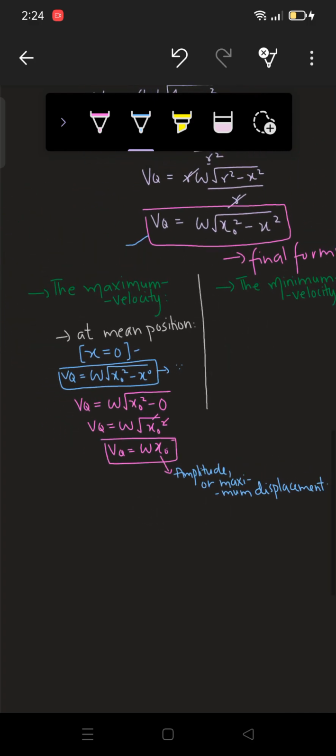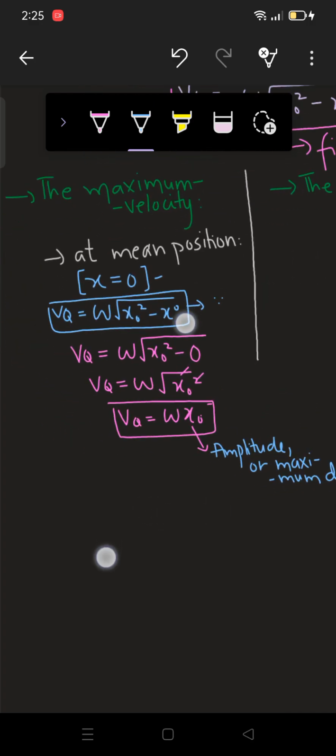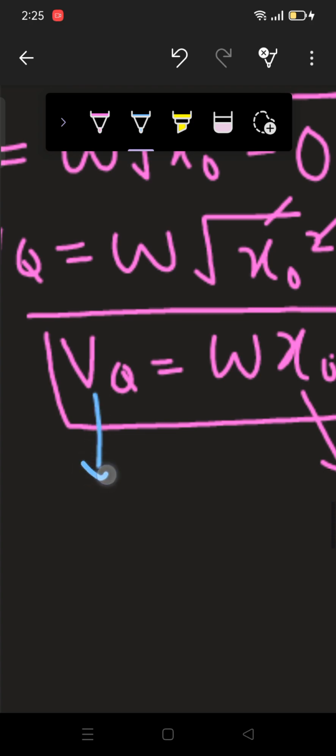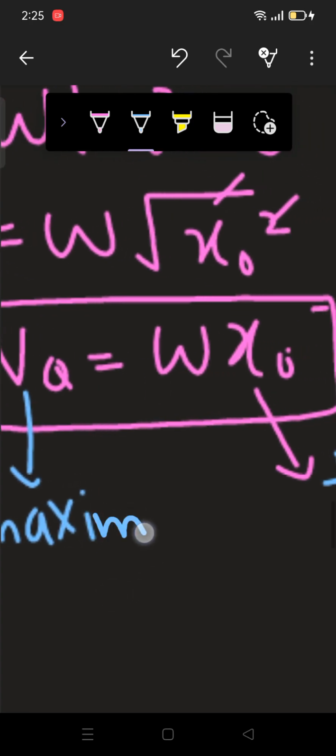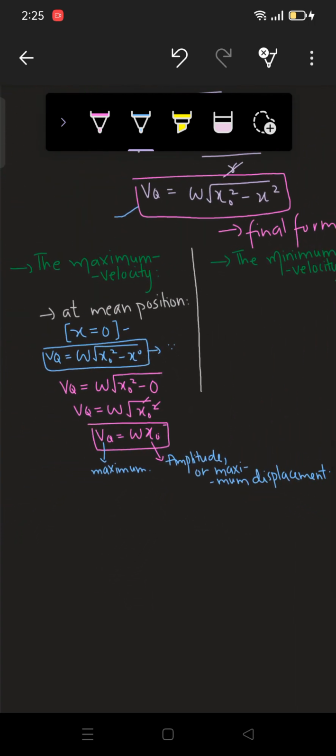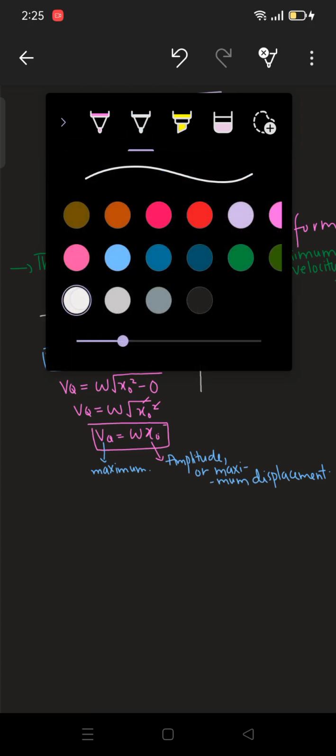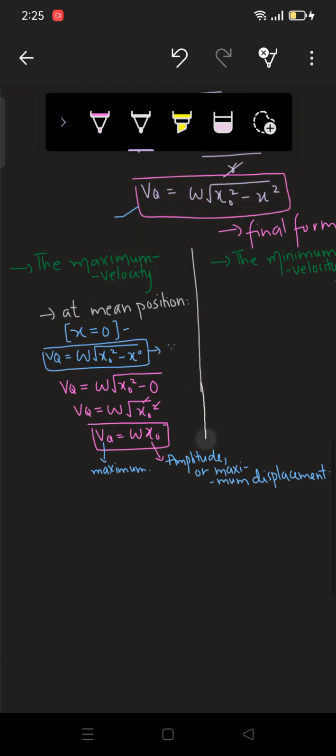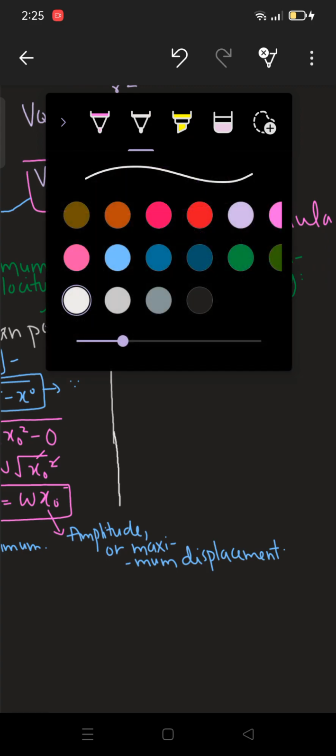So what is now the formula for finding the maximum velocity? Omega x naught, where x naught represents the amplitude or the maximum displacement. Now we have got our formula for finding the maximum velocity, and that is equal to omega x naught.